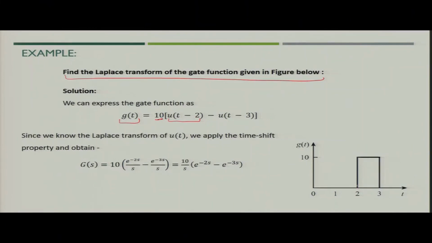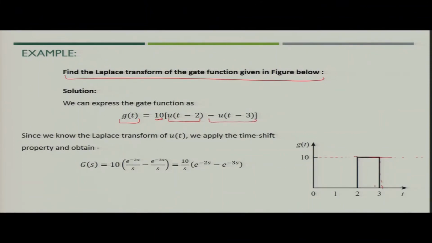So, you can say there is one function like this, and minus of u t minus 3 means there is another function which is like this. When you combine both of them, you can write minus of u t minus 3.